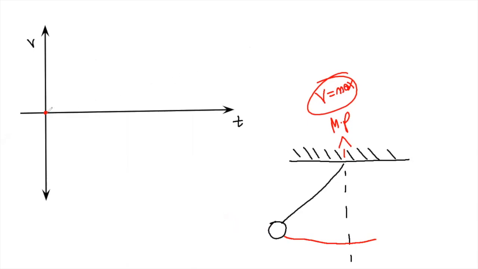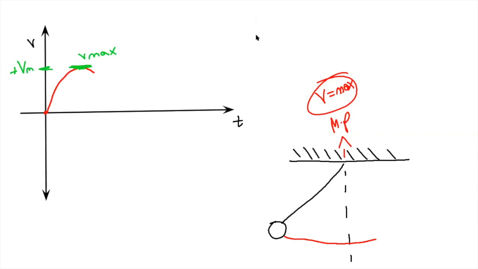So let's increase the speed, and I'm going to prove it. Now, this is my maximum velocity. So this is V max. I can say that this label is going to be plus V max.